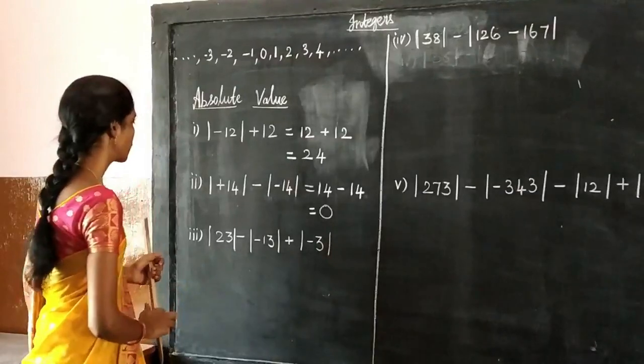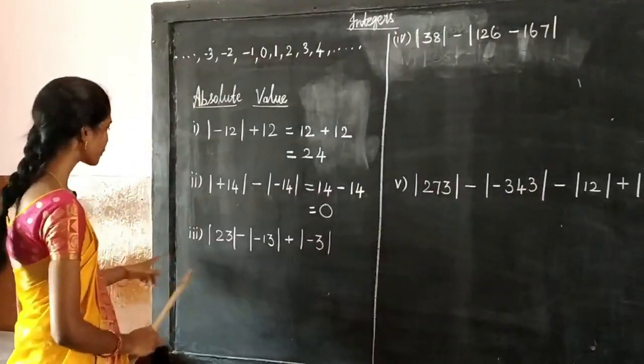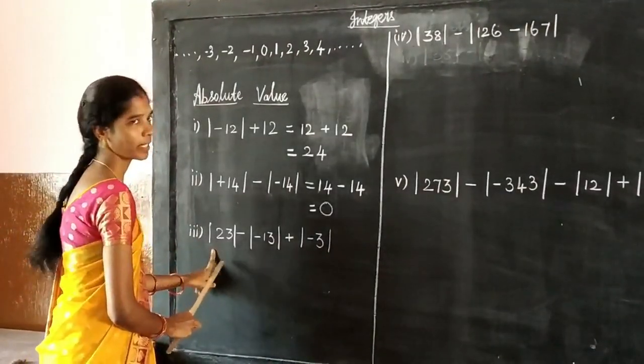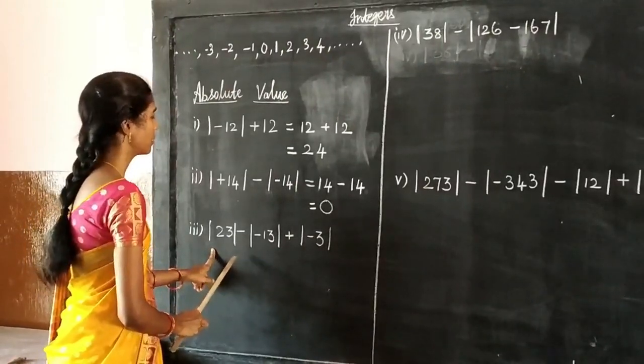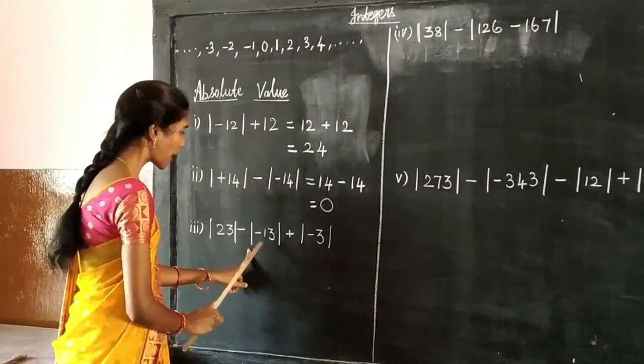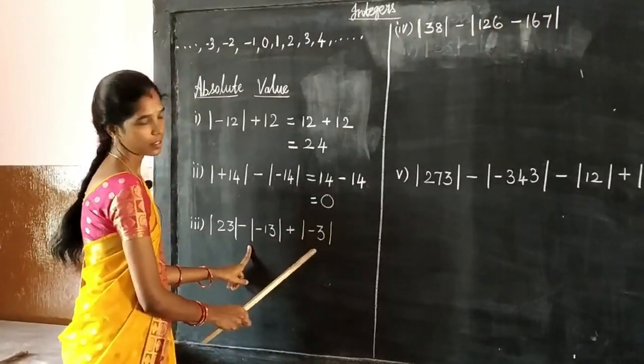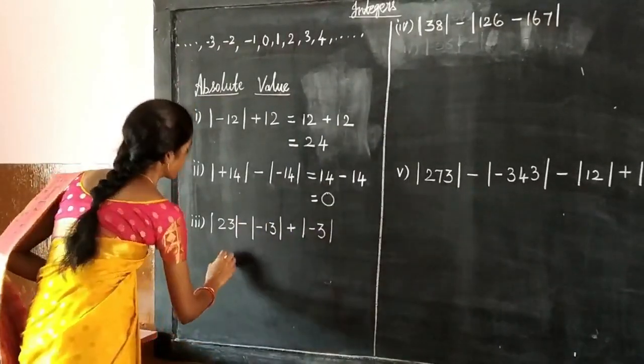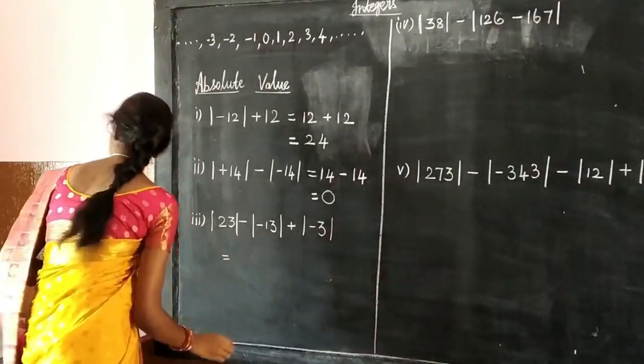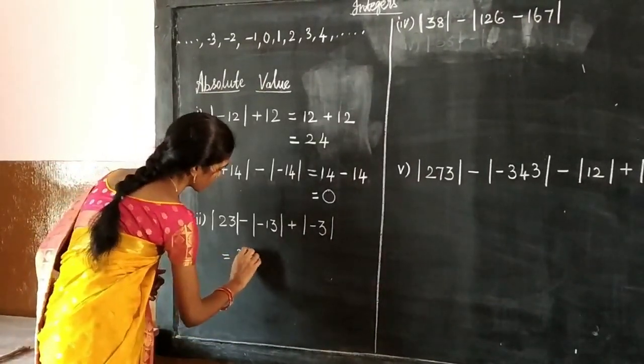Next, question number 3, absolute value of 23 minus absolute value of -13 plus absolute value of -3. So, this is equal to absolute value of 23 is 23.